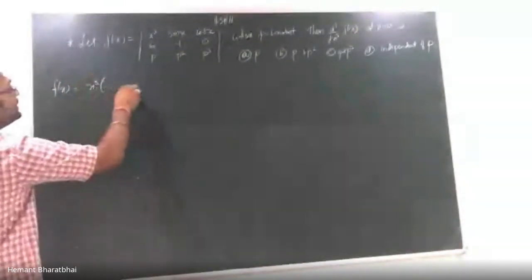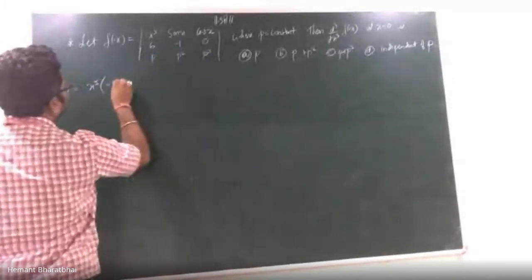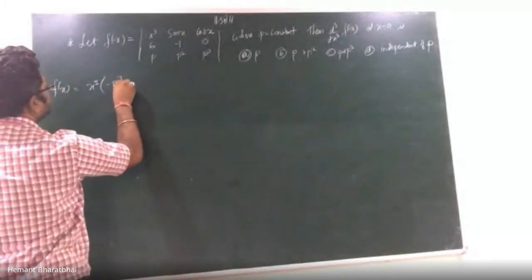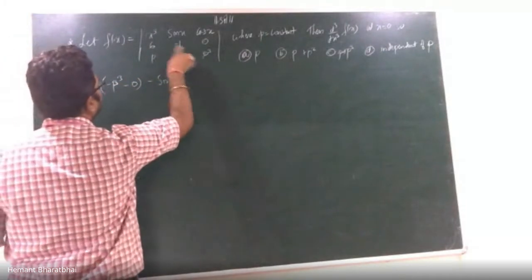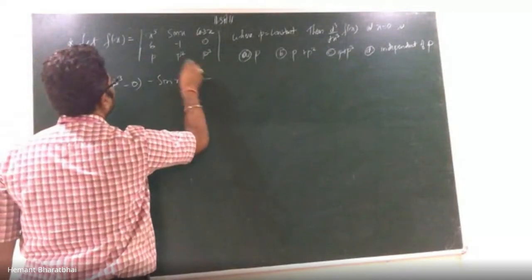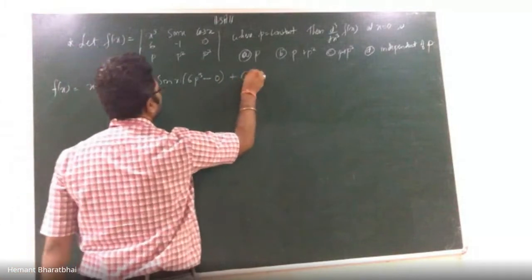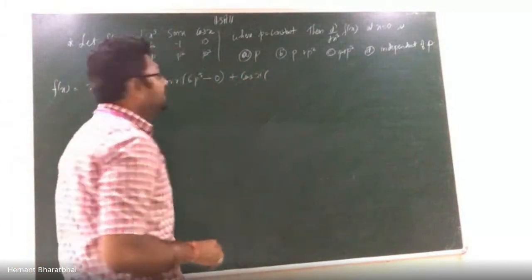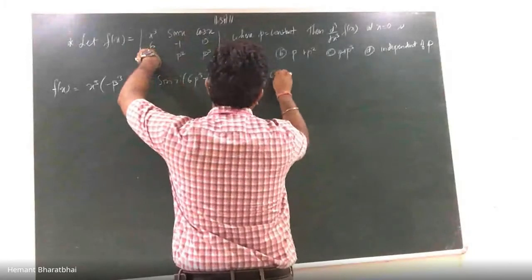That will be x cube into minus p cube and p square into 0, that will be 0. Minus sine of x into p cube into 6, so that will be 6p cube, minus p into 0, that will be 0, plus cos of x into 6 into p square minus p into minus, minus minus will be plus.